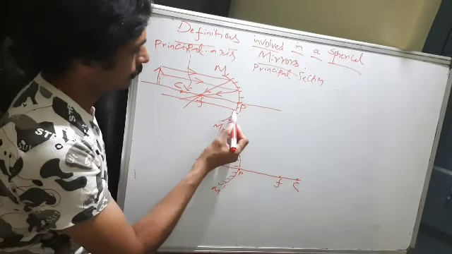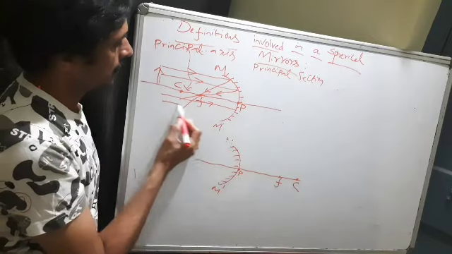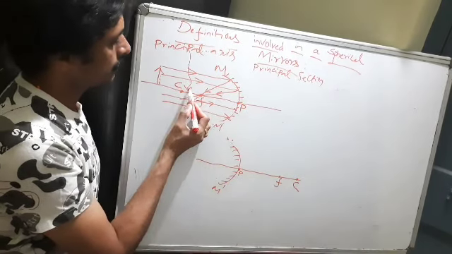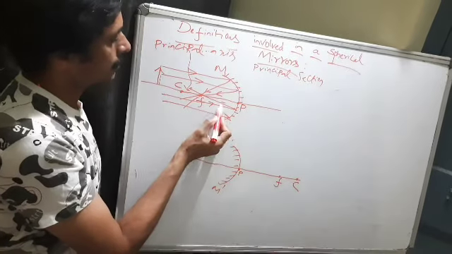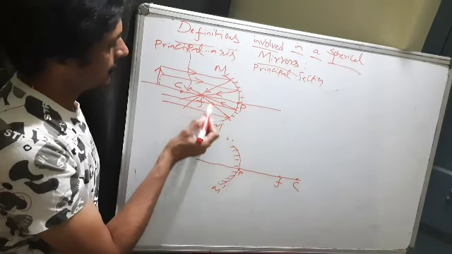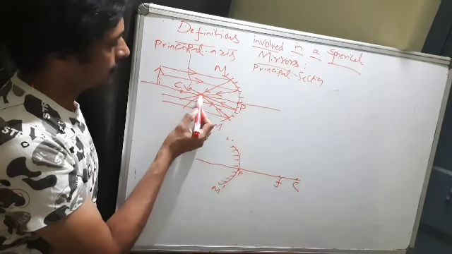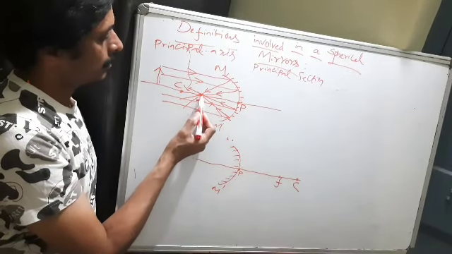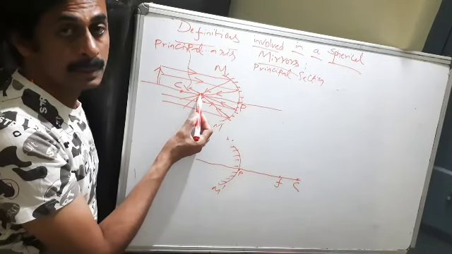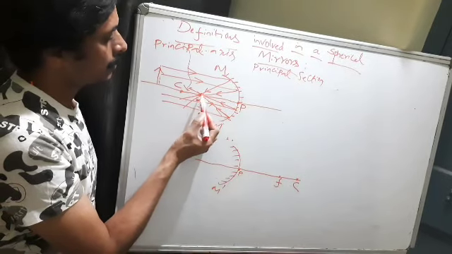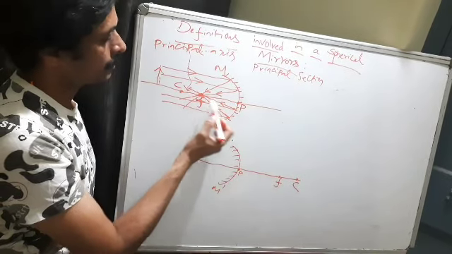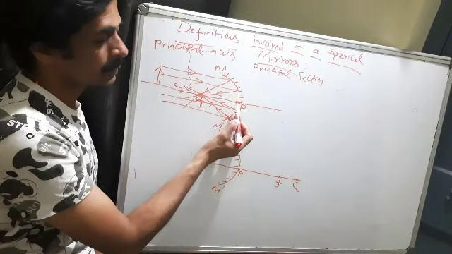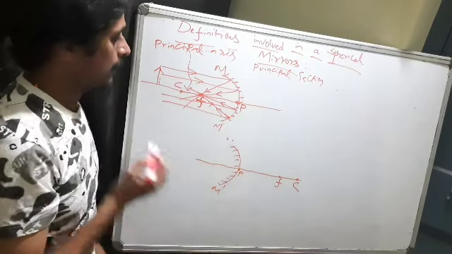Let us take a few more rays of light that hit the mirror, and after reflection, all the rays tend to converge at a particular point, and this point is called the principal focus. And the length from principal focus F to P, this distance represents the focal length.